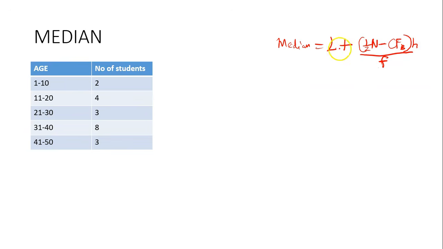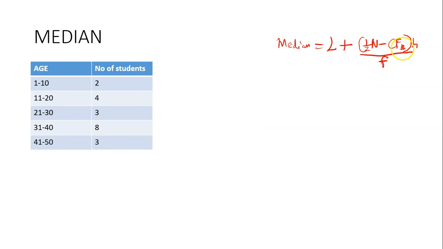Now, this L represents the lower class boundary of the median class. And this n here is the same as sigma f. And CFB means, CF actually means cumulative frequency.